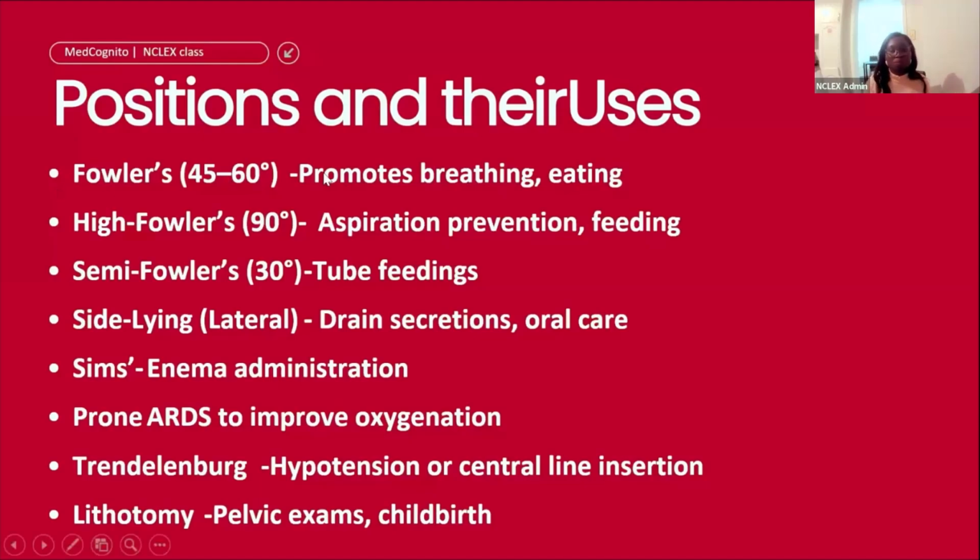So Fowler promotes breathing and eating. High Fowler, aspiration prevention, and when you are feeding. Semi-Fowler, tube feeding. Side lying, that is lateral, when you want to drain secretions and do oral care. Sims for enema administration. And then prone, if you have a client with ARDS and you want to improve oxygenation, prone positioning really helps.